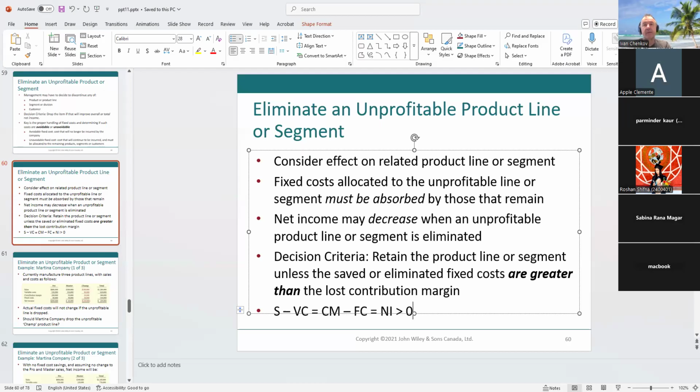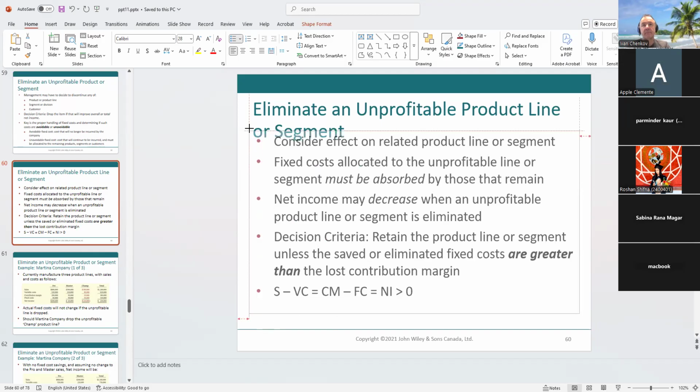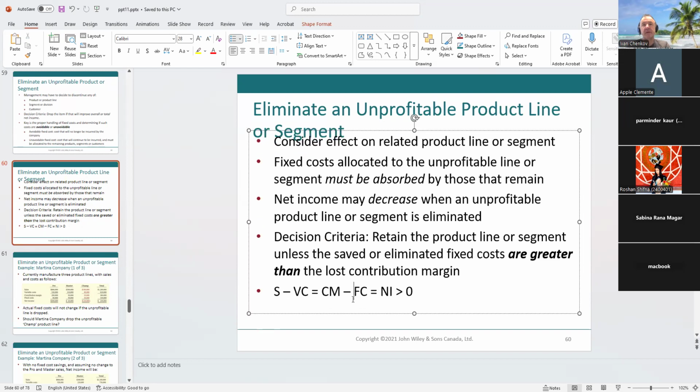When will the net income be more than zero? When it exceeds the break-even point. In other words, when my contribution margin is more than the fixed cost, correct?